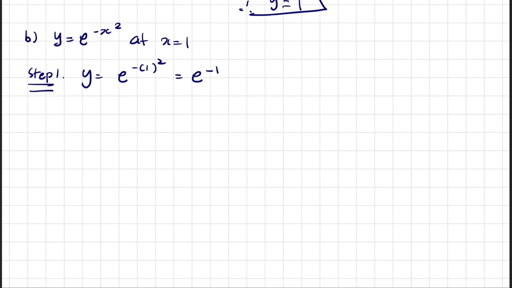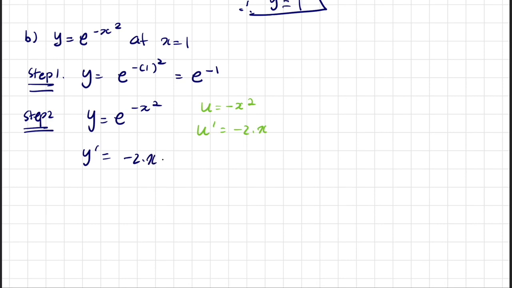Then step 2, we need to differentiate this equation. The function y is equal to e to the power of negative x squared. If we set u equals negative x squared, then our u prime is negative 2x. Then we can say the derivative of the function y is negative 2 times x times e to the power of negative x squared.